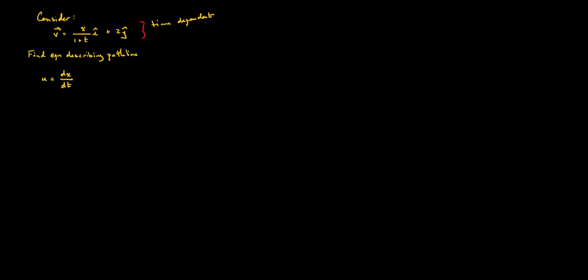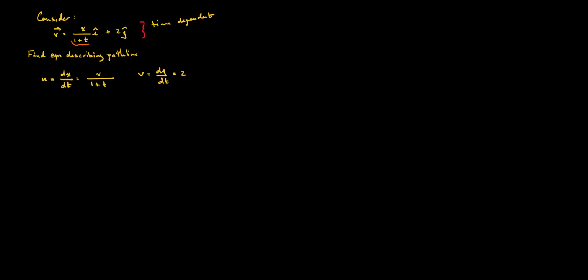So u, our u component over here, is the time rate of change of the displacement in the x direction. And v, which is the time rate of change of the displacement in the y direction, and that is just equal to 2. Okay?